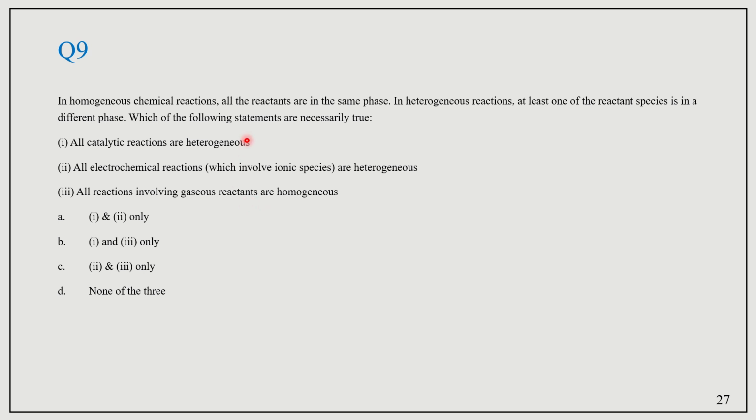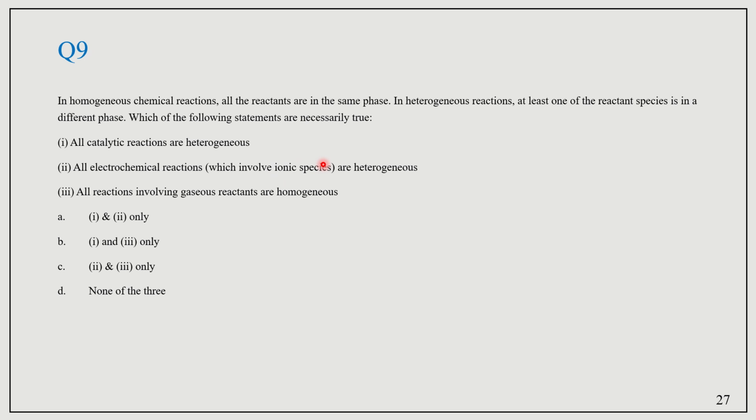So based on that, what are all the statements that are true? First one, all catalytic reactions are heterogeneous, that is false. Second one, all electrochemical reactions which involve ionic species are heterogeneous. Again, it is false. We cannot generalize the statements.